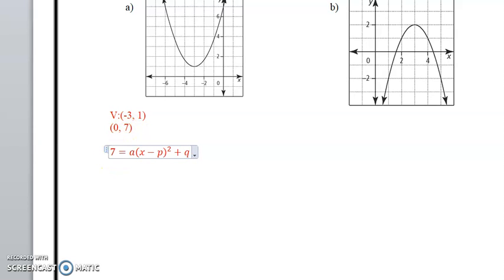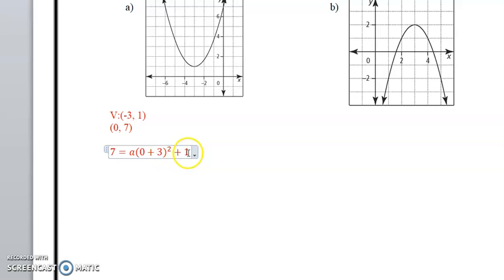Our A value is what we're looking for. X is going to be 0 right here. P is equal to -3, so negative, it ends up being +3. And our Q value is 1. So put a 1 in. And then we're going to solve.